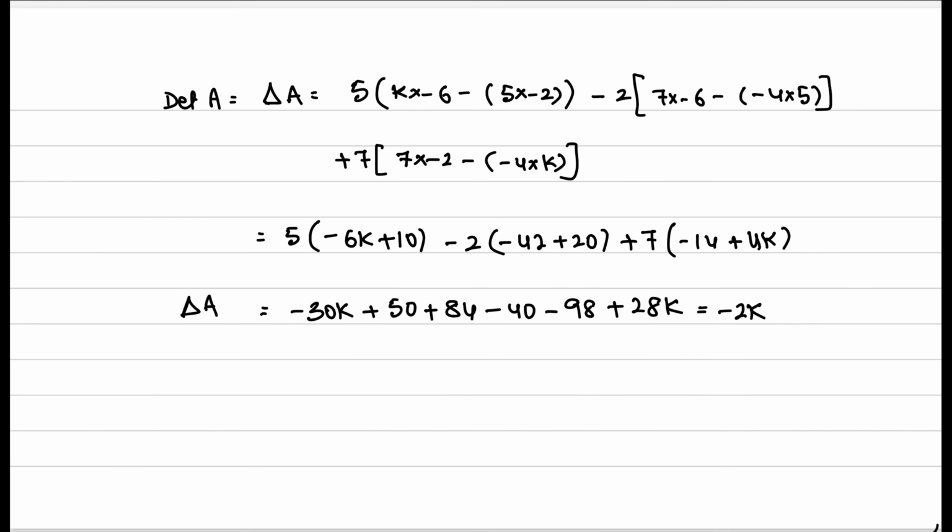50 plus 84 is 134, 134 minus 40 is 94, and 94 minus 98 is minus 4.